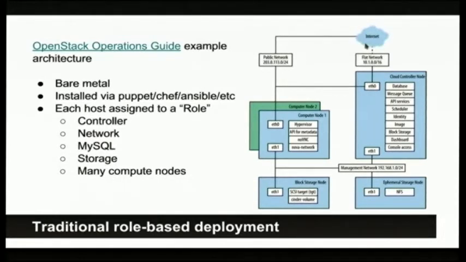It has a MySQL server, a couple of network nodes if you're running Neutron, and then a large number of compute nodes. They're all running on bare metal, and typically you would install it using Puppet, Chef, Ansible, anything in that class, because you don't want to type it all in by hand every time. So that's the traditional model.